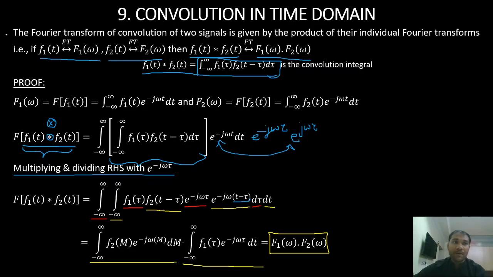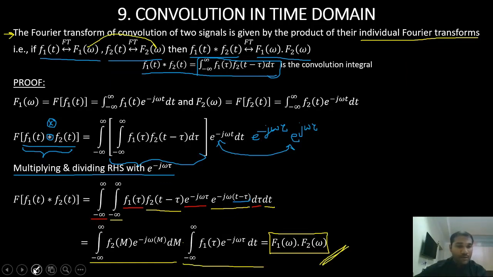If you look at the statement at the top of the slide, the Fourier transform of the convolution of two signals is given by the product of their individual Fourier transforms. That is what we have proved here.